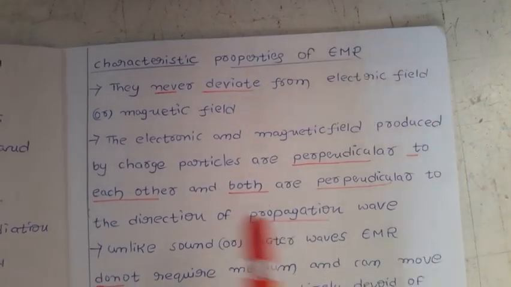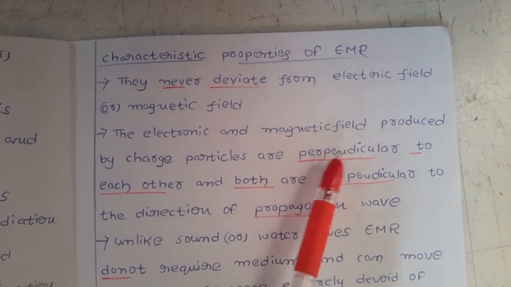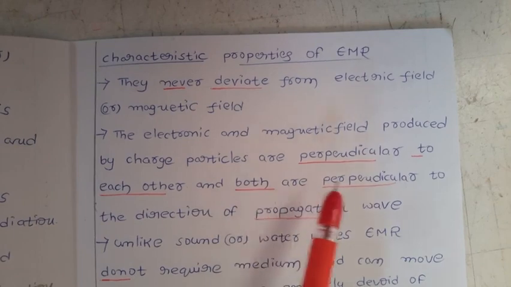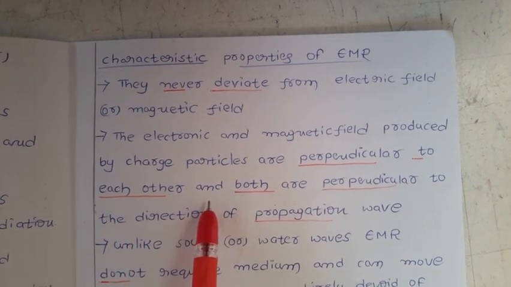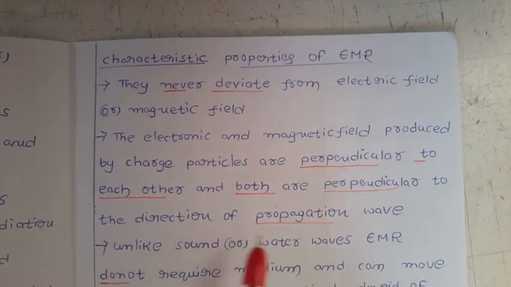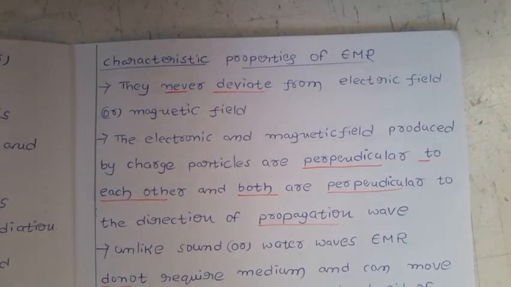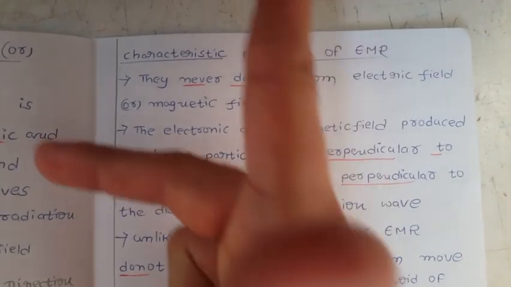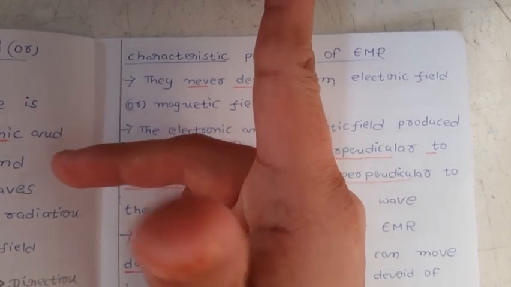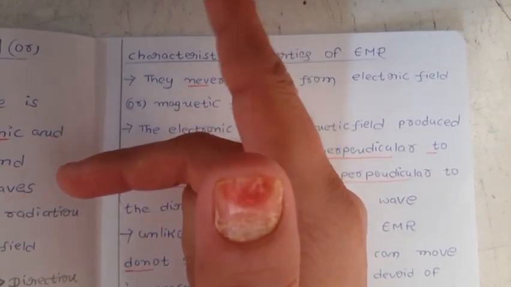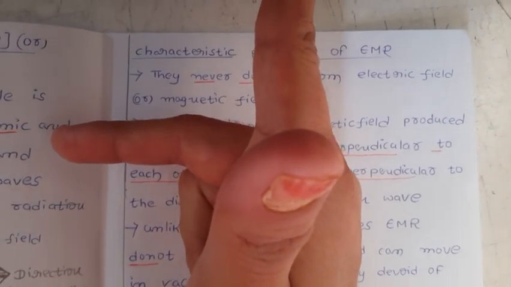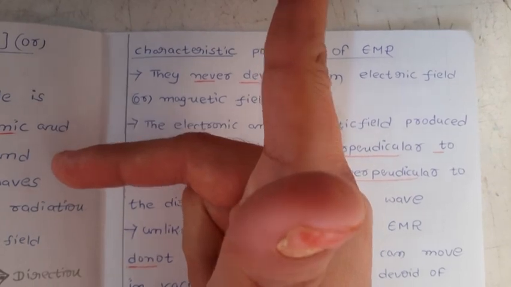Now, the electric and magnetic fields produced by the charged particles are perpendicular to each other, and both are perpendicular to the direction of propagation of the wave. What is the meaning of that? For example, if you keep the fingers like this, the propagating wave, electric field, and magnetic field, whatever angle you see, all are perpendicular to each other.